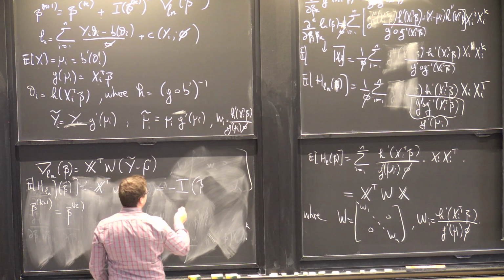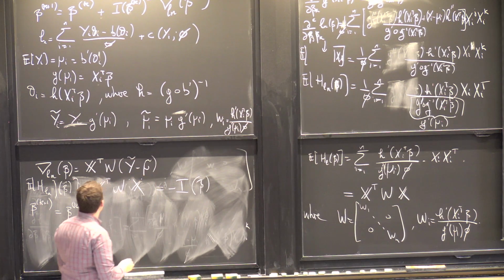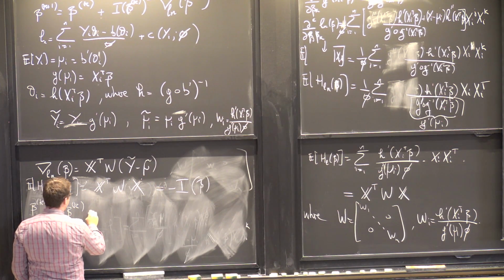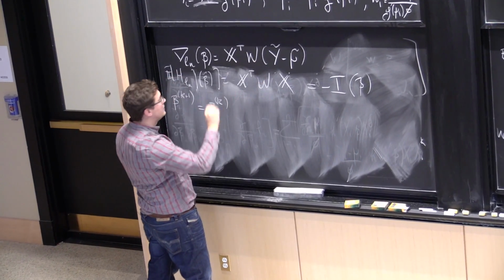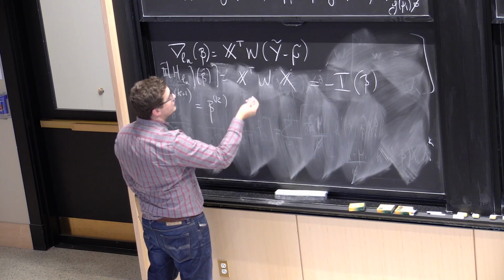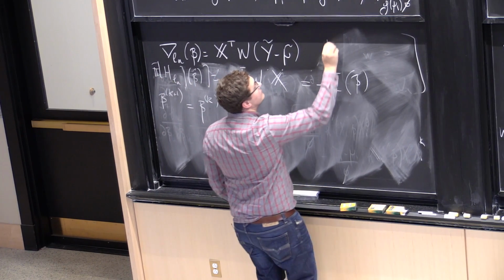Yeah, that's negative I of beta, I guess. And beta here shows up in W, right? W depends on beta. So that's going to be beta k. So let me call it Wk.